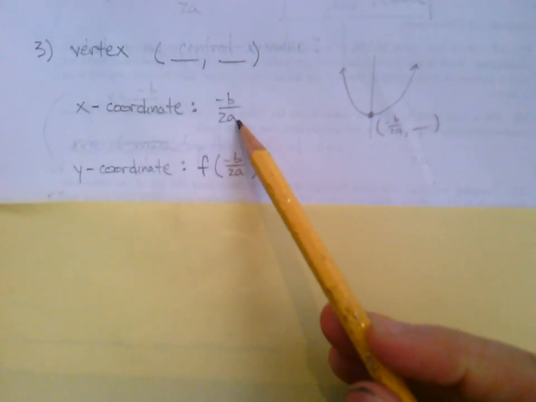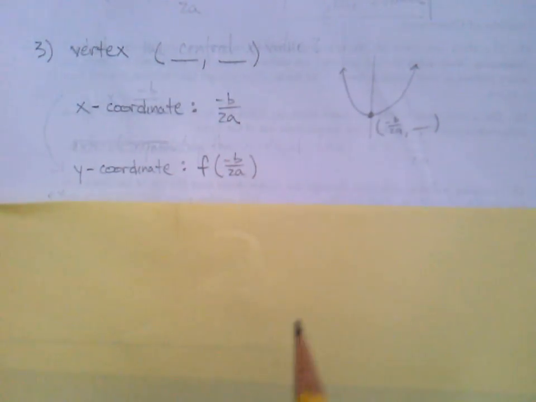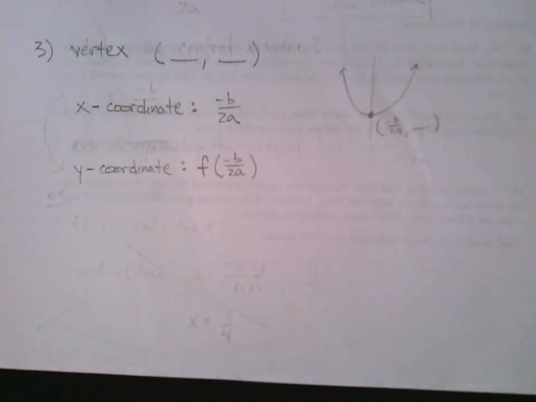If we take the x value and plug it in for x in the function, and then we'll have to calculate what that is, that will give us the y coordinate of that same point. Okay, again, if all of this seems confusing, we're going to do examples. Usually things get a lot more clear when you see actual numbers you have to work with. Those are the first three properties. The last two properties are about the intercepts.